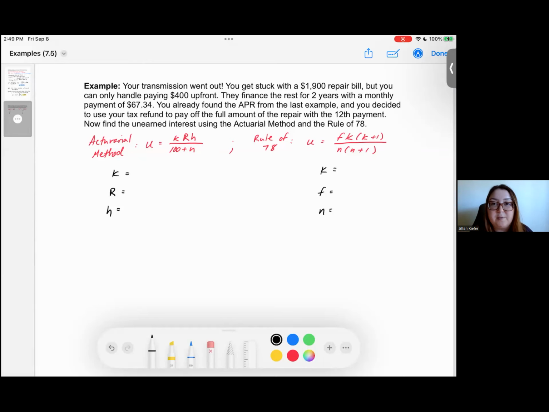So on the 12th payment, not including this one, there would be 12 more payments after the current one. So K would end up being 12. That's how many payments are left. It's the same value.